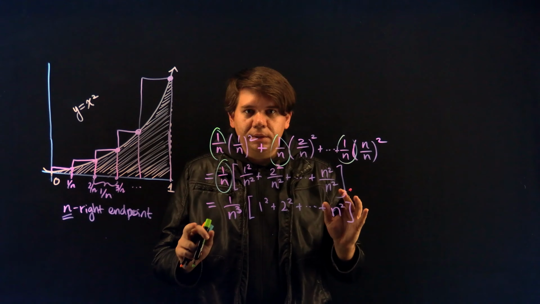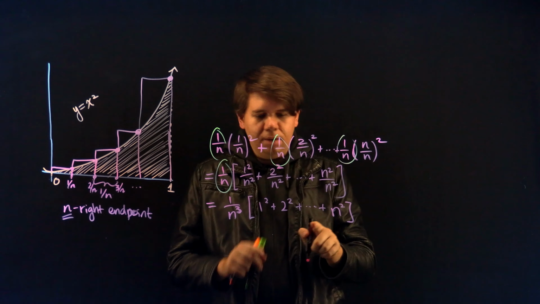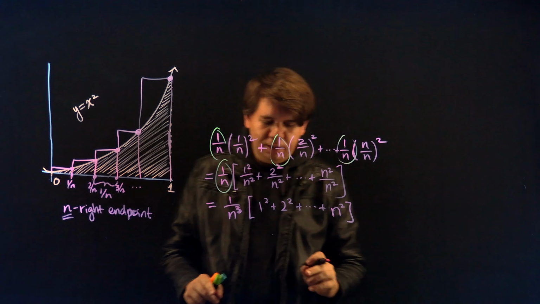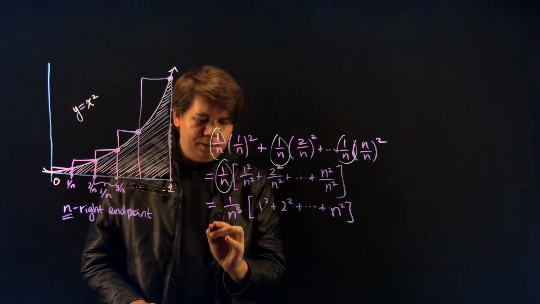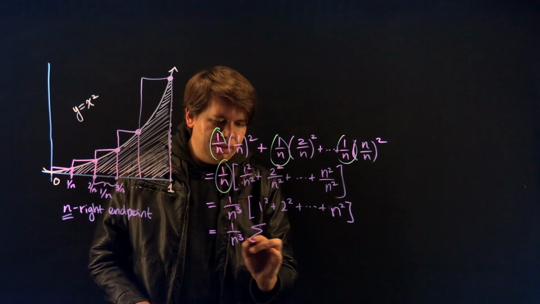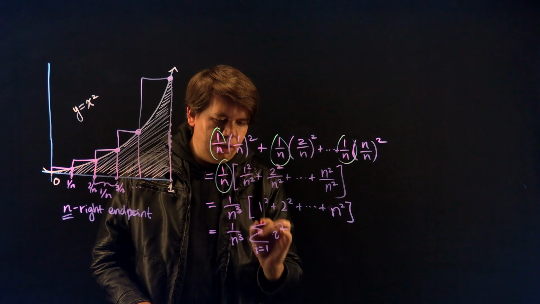Now, at this point, remember back to our formula for a sum of 1 squared through n squared. We had a separate video about this, about the summation formula. This would just be 1 over n cubed times the sum of i squared, where i goes from 1 to n.